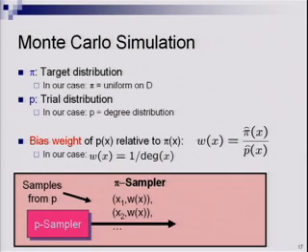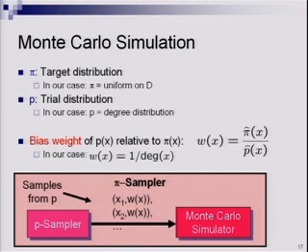For each one, it will compute these bias weights, W of X1, W of X2, and so forth, and then feed the samples and the bias weights into the Monte Carlo simulator. The Monte Carlo simulator is just an algorithm. It's a simple one, and we'll see an example in a second, which somehow processes the samples and the bias weights and then generates a single sample from pi. Note that you may need multiple samples from P to generate a single sample from pi.